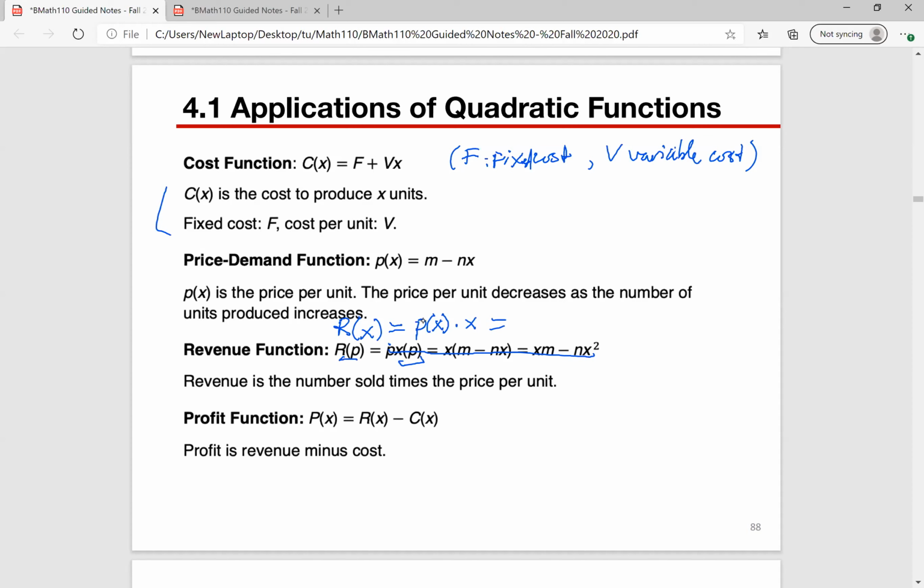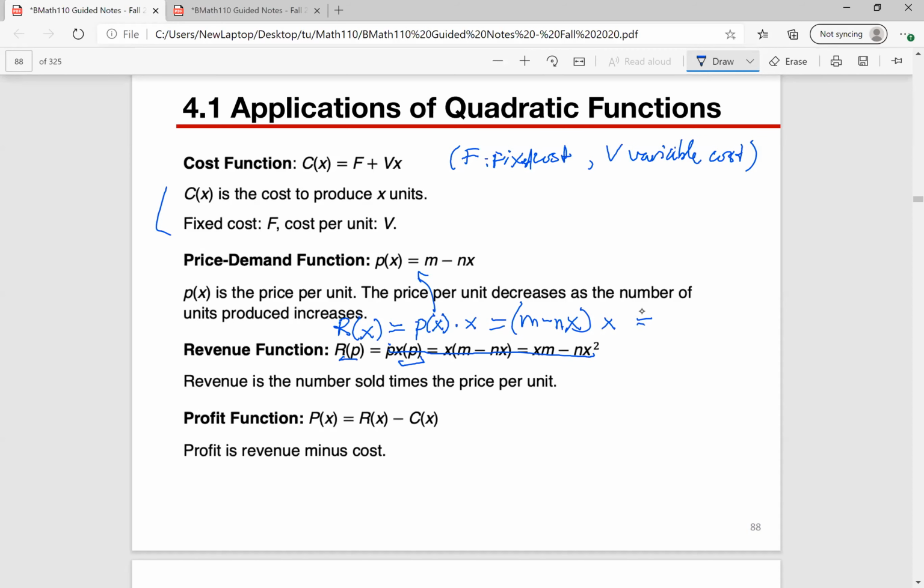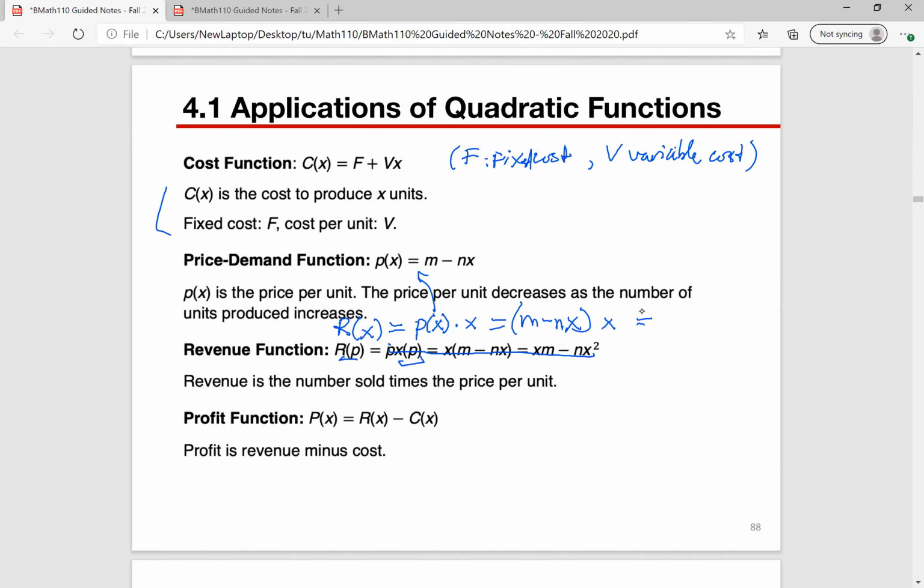Here you should know that P of x is the price demand function, which is up here, equal to M minus Nx, and then times x. So then you will have xM minus Nx squared.